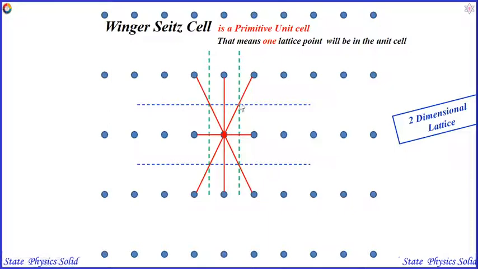The normals are this and this. These two normals are for this one and this one line, which pass through the middle point also. Now we have to consider this line and this line. The middle points are this and this.